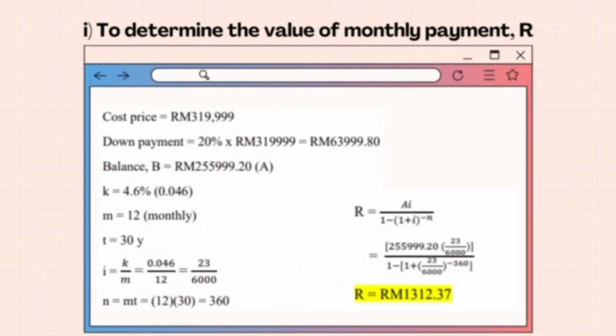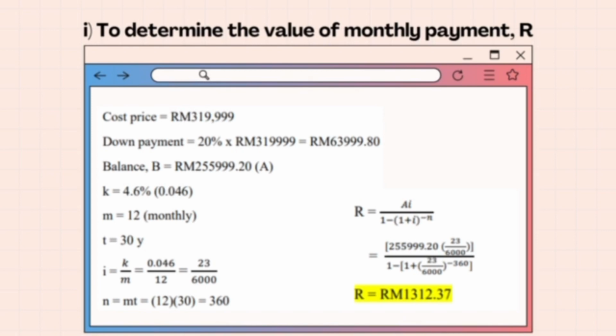For question number 1, we will figure out how to determine the value of monthly payment R. The cost price given is RM319,999. The down payment is 20% times RM319,999, and we get RM63,999.80.